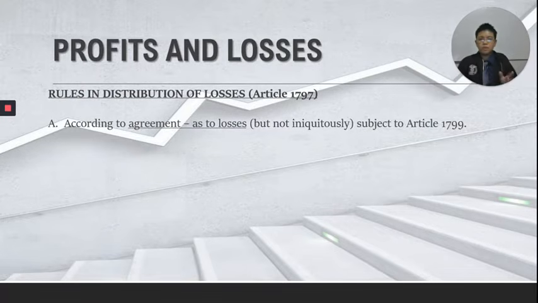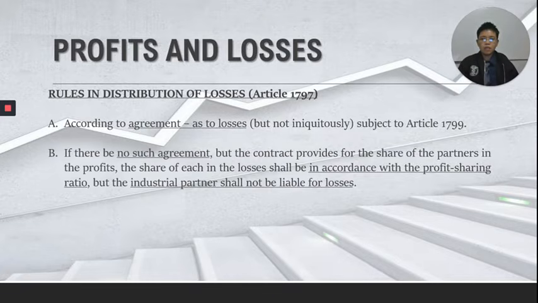So, anyway, paano kung wala po tayong loss sharing agreement? Tingnan natin kung meron tayong profit sharing agreement. And remember, class, na yung ating sharing sa loss will be based on the profit sharing agreement. And again, here, industrial partner shall not be liable for losses. Remember that very well. We will discuss more when we go to the other provisions.